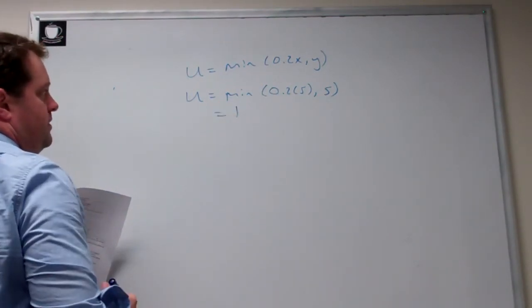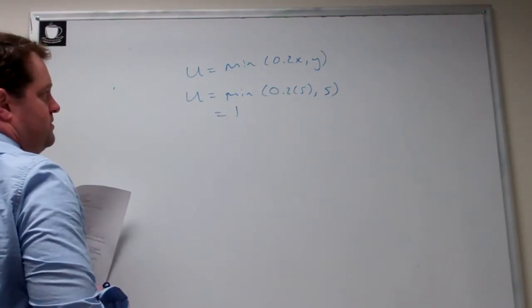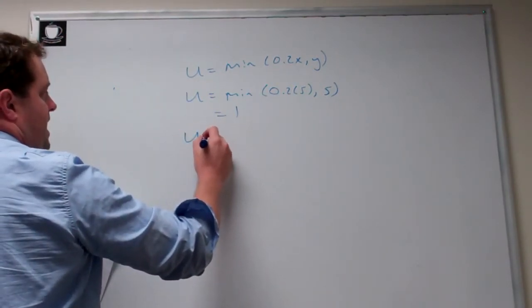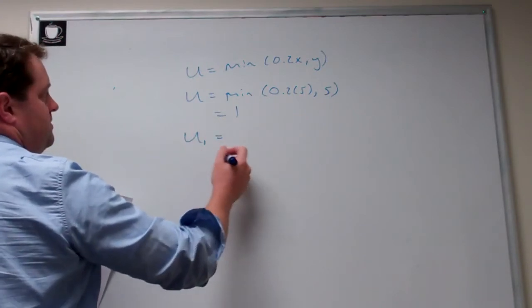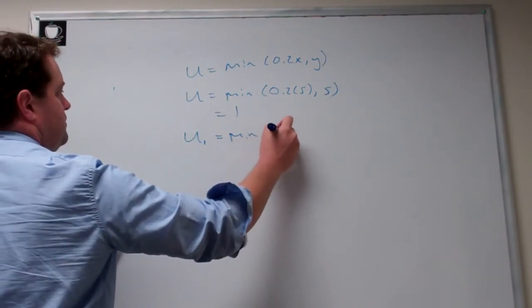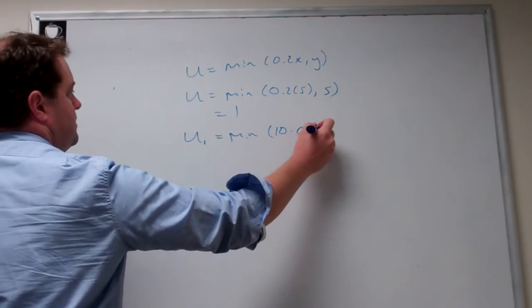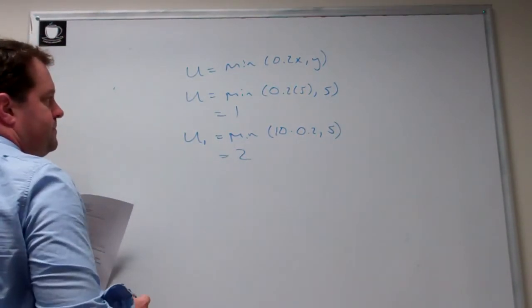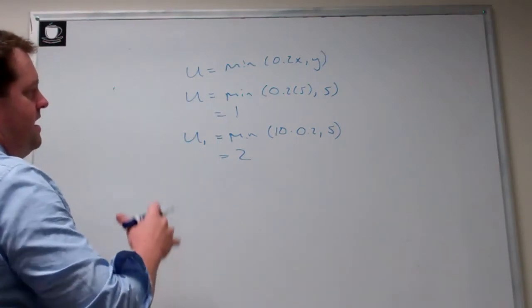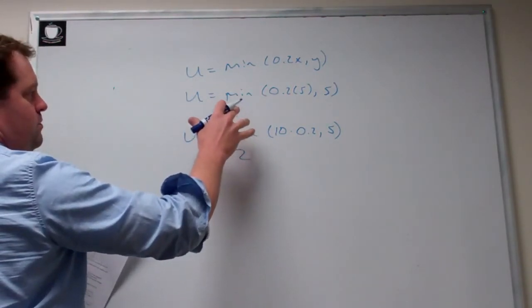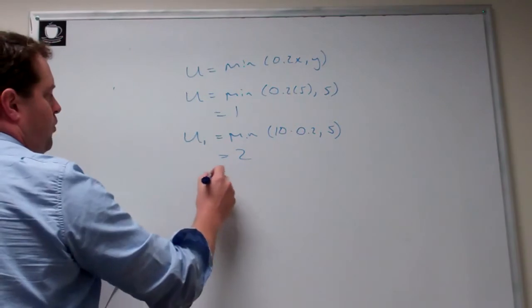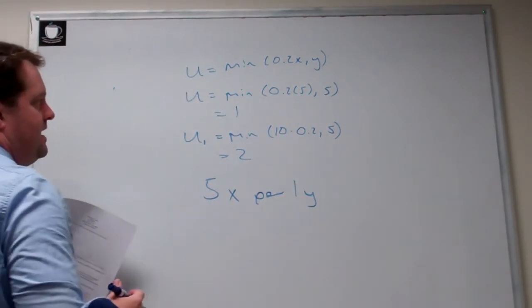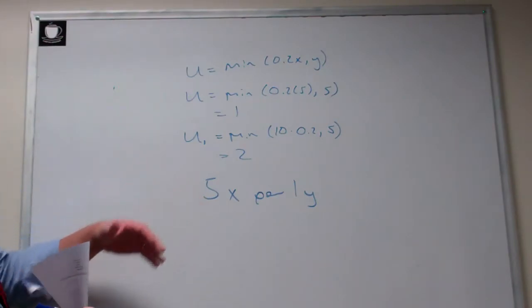So the utility there when they have 5 units of X and 5 units of Y is 1. Utility when they have 10 units of X and 5 units of Y increases to 2. And what's going on here is this consumer likes to consume these two goods in a 5-to-1 ratio. 5x per 1y increases their utility here.